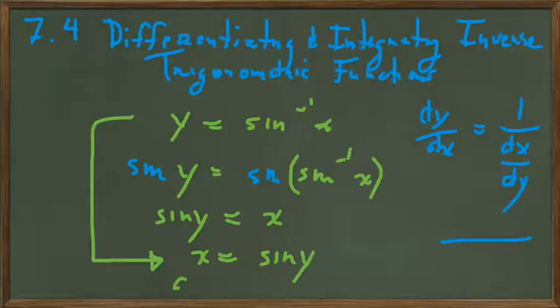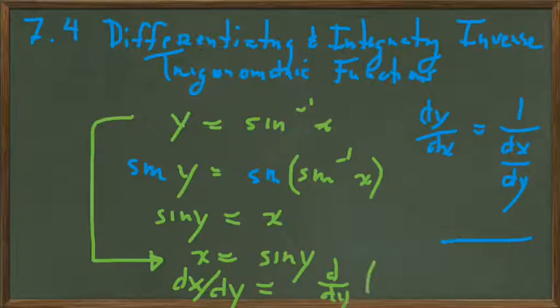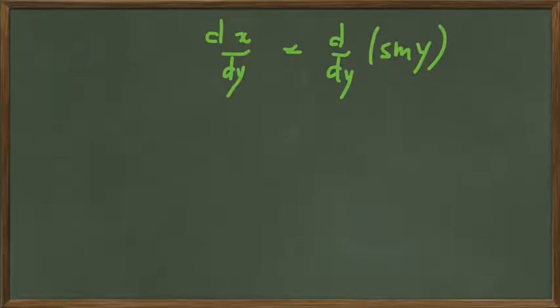So we're going to apply this formula so that we can take the derivative of this x function with respect to y. So we're going to take dx/dy, which is going to be the derivative with respect to y of sine of y. So let's pick that up on the next blackboard. So dx/dy is the derivative with respect to y of sine y, which is cosine y.